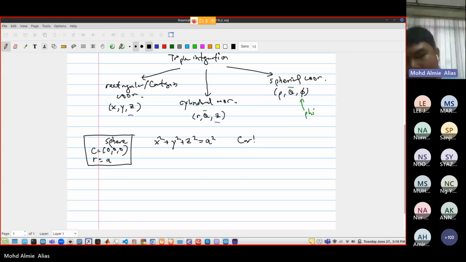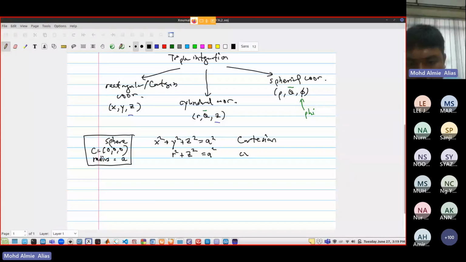Which is quite complicated, but after some time, of course, you remember this formula. Hang on, I shouldn't use r equals a, I just write the radius is a. Okay, so in cylindrical coordinates, this is r squared plus z squared equals a squared.